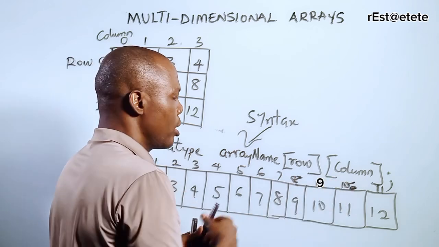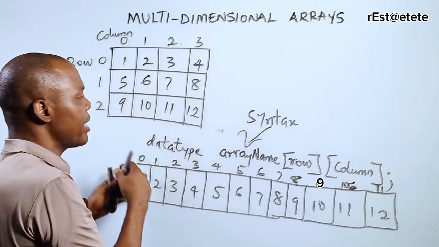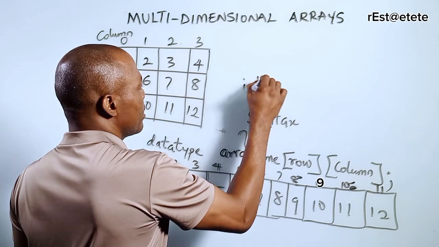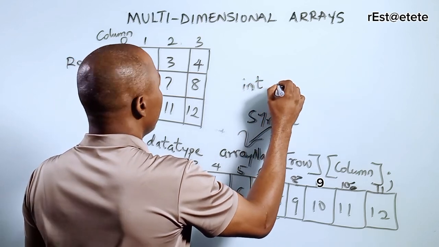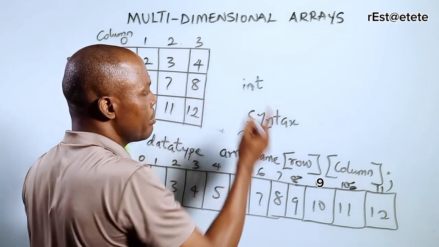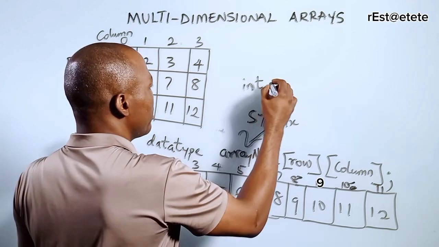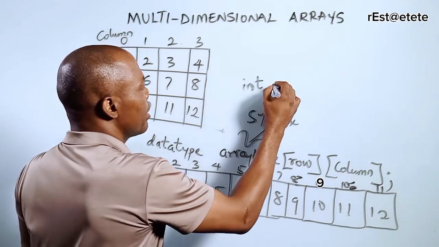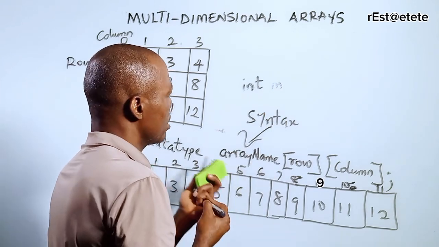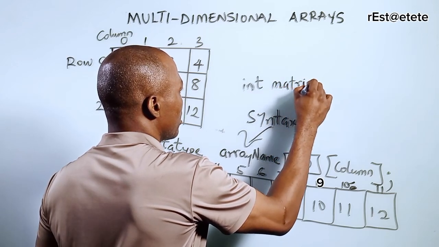It's mandatory. So if I'm going to write this array, it will be like this: int, let's just call it matrix.